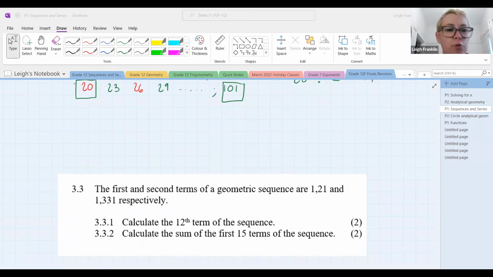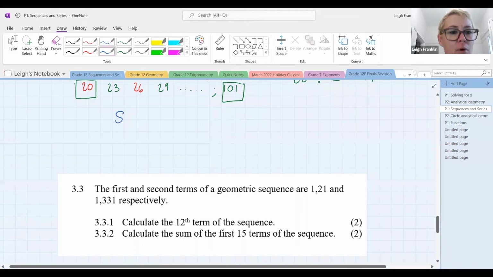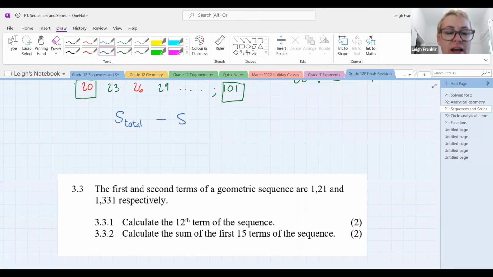But what you would do in a situation like that is calculate the sum of the total series, and then subtract the sum of the numbers that are divisible by 6. Because you could make a pattern with the numbers that are divisible by 6.